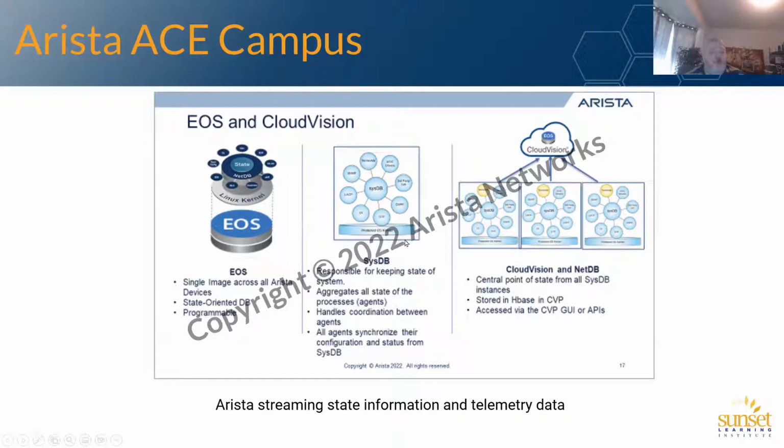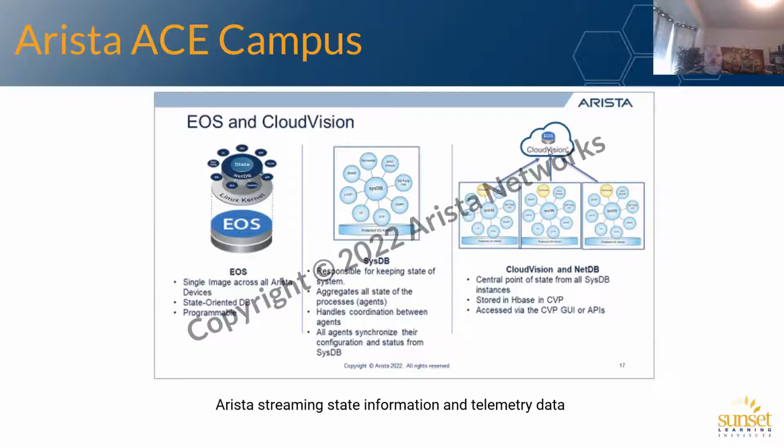But then all your devices stream that information real time up to CloudVision. And so now we are seeing everything when it happens. We're not polling. We're gathering information from all these systems, and they're telling us every time there's been a change.